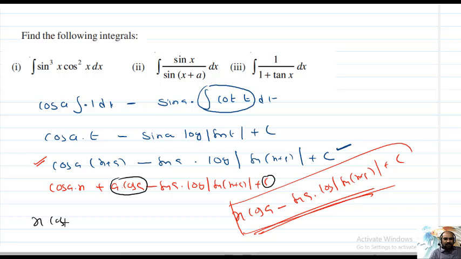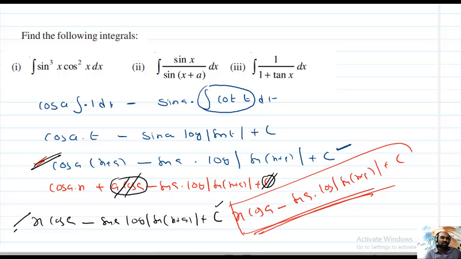Means what happened? x cos a minus sin a into log of sin of x plus a plus just c. So instead of this plus this, this is c1, this is c2, they can write c. That is the interesting thing. That's why this is a correct answer. This one is also a correct answer, but this is the simplified answer. Okay.